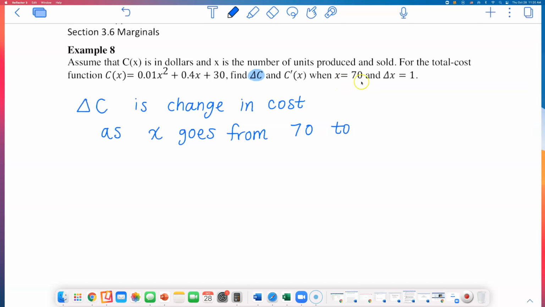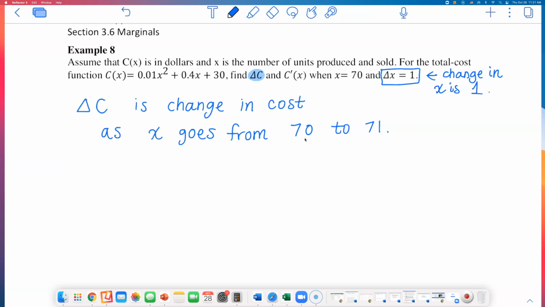X is going from 70 and it says delta x is 1. So what that means is change in x is 1. So we're going from 70 to 71.